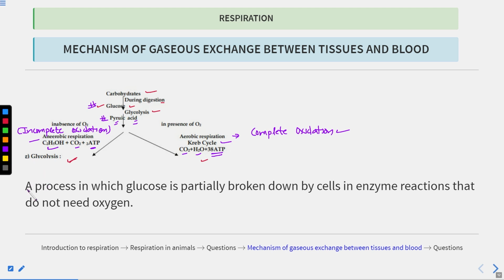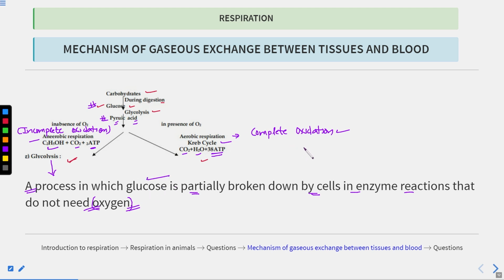Now, if you want to define glycolysis: it is a process in which glucose is partially broken down by cells in enzyme reactions that do not need oxygen. What does this mean? This means there is no need of oxygen for glycolysis, and there is partial breakdown of the glucose.